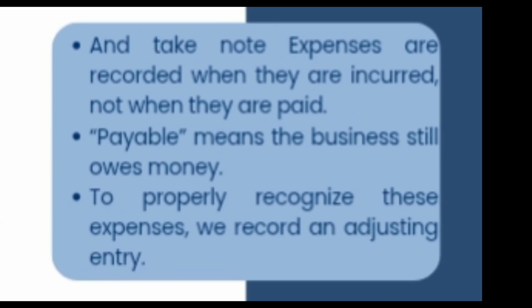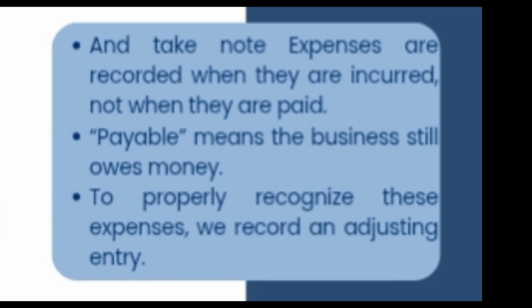Take note, guys, that expenses are recorded when they are incurred or used, not when they are paid. And payable means we still owe money, or the business still owes money. To properly recognize these expenses, we record an adjusting entry.